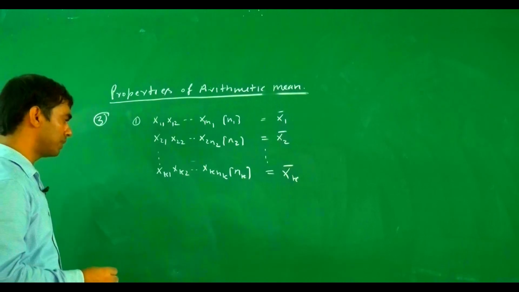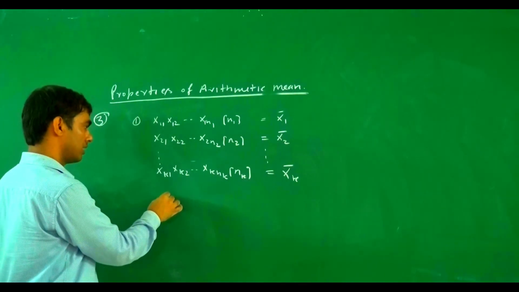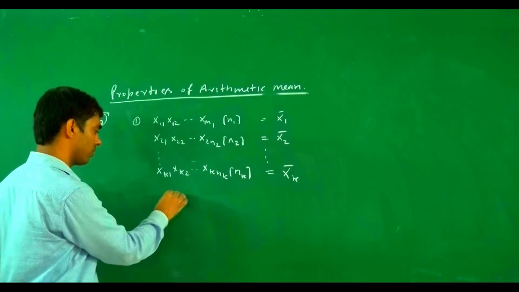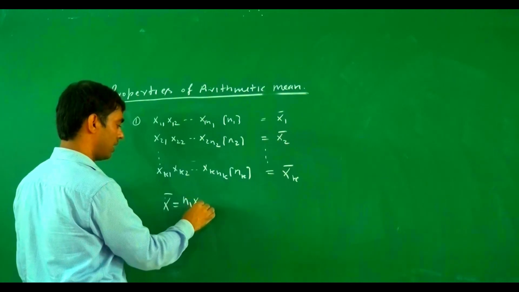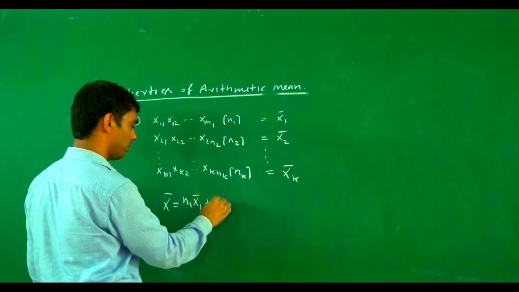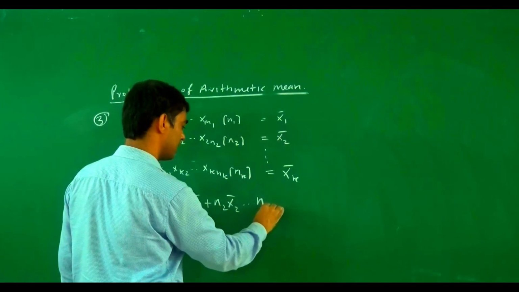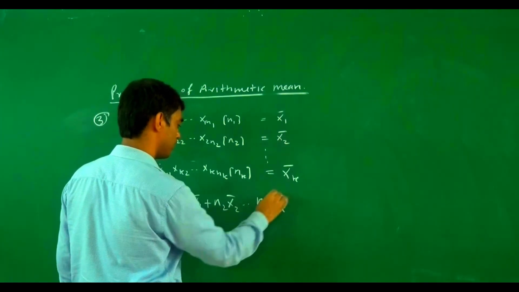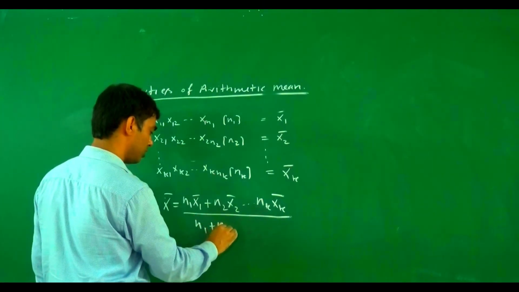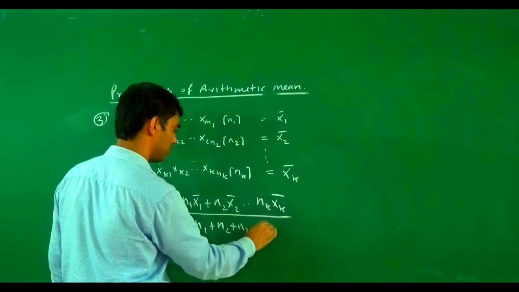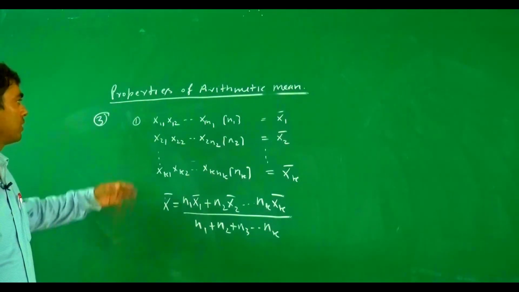Then their composite mean x bar equals n1 x1 bar plus n2 x2 bar up to nk xk bar, divided by n1 plus n2 plus n3 up to nk. So this is the third property.